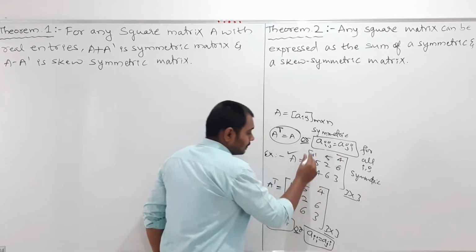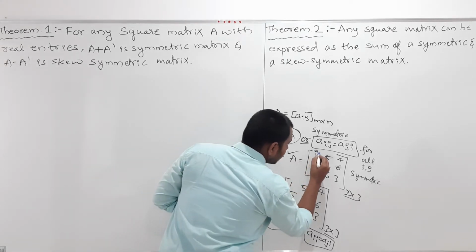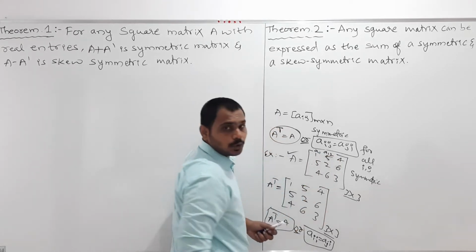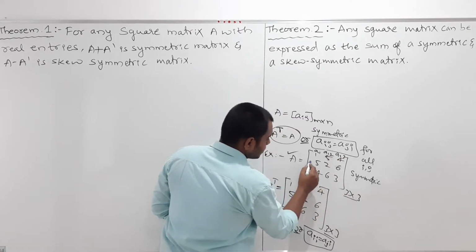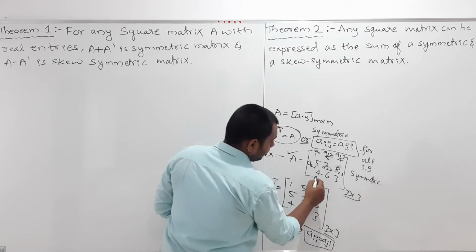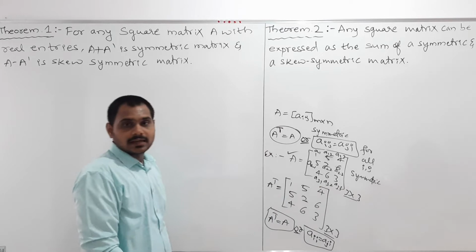In this matrix, this is your A11, clear? This is A12, and this place element is A13, and here it is A21, A22, A23, A31, A32, A33. Likewise we can write.